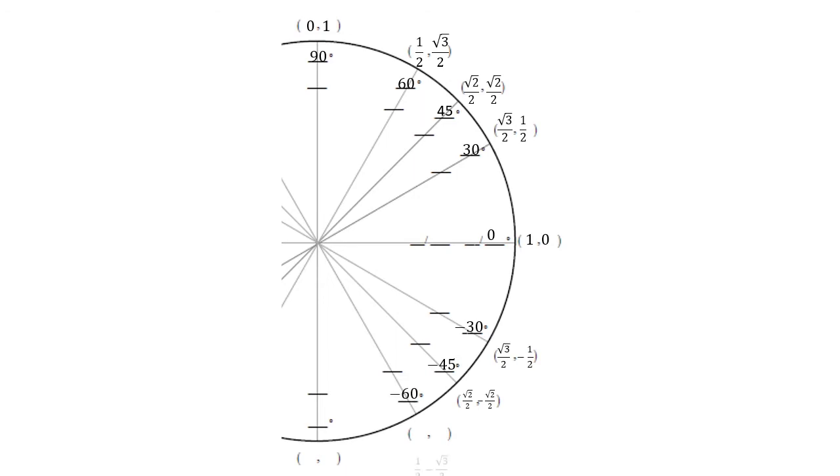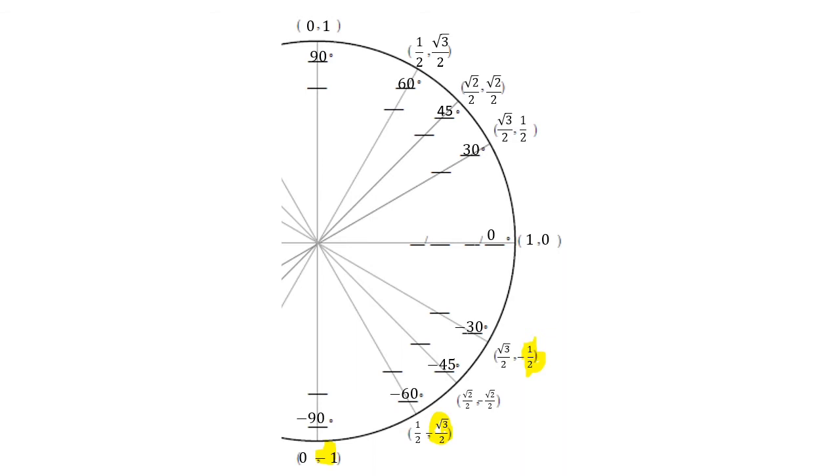And -60, which will give me 1/2 and -√3/2. And we're also going to go down to -90, which gives me (0, -1). Now again, we are focused on the y value. So all of my negative inputs for arcsine are going to give me negative angles. Okay, this will change when we do cosine. For sine and when we do tan, we're going to use negative angles.